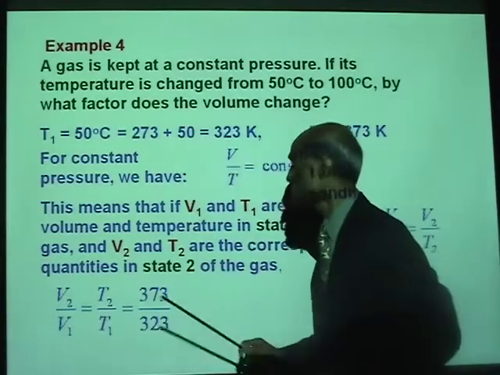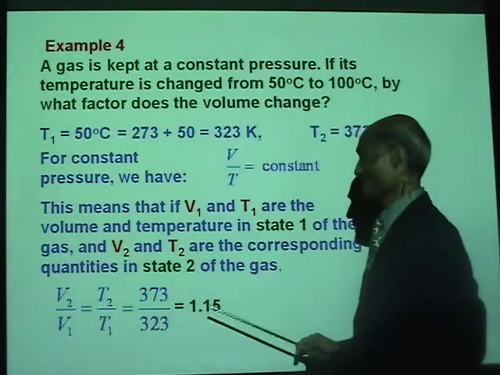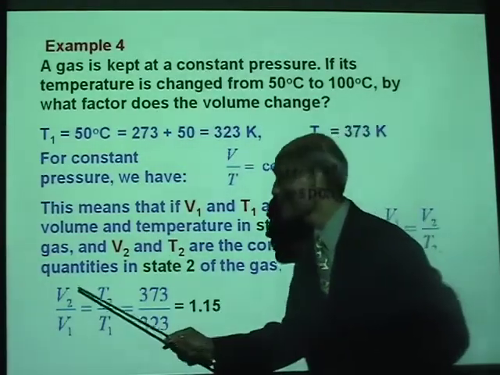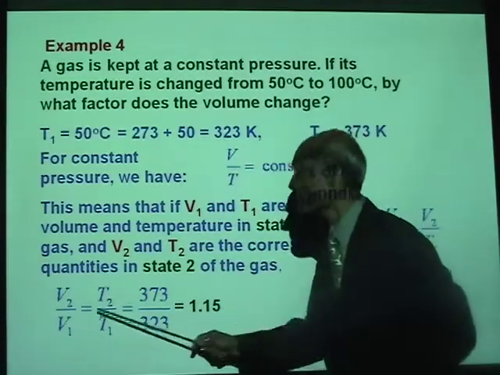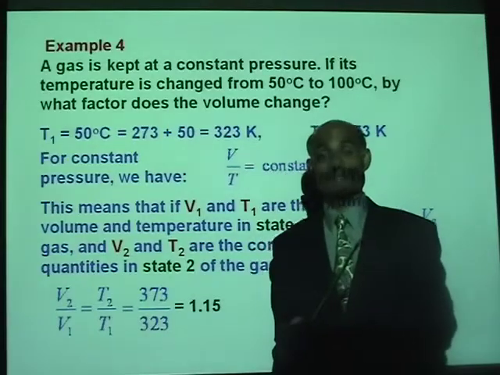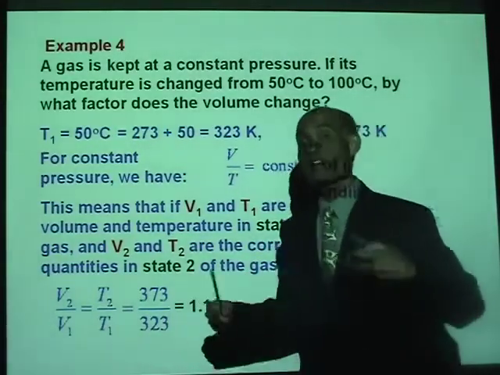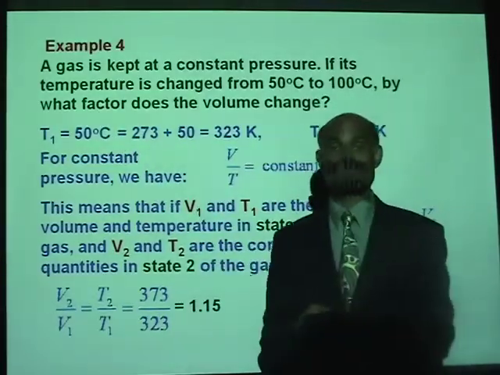And T2 over T1 is 373 over 323. That is 1.15. Now what that means is V2 equal to 1.15 times V1. The final volume is 1.15 times V1, and that's what we were expected to find.